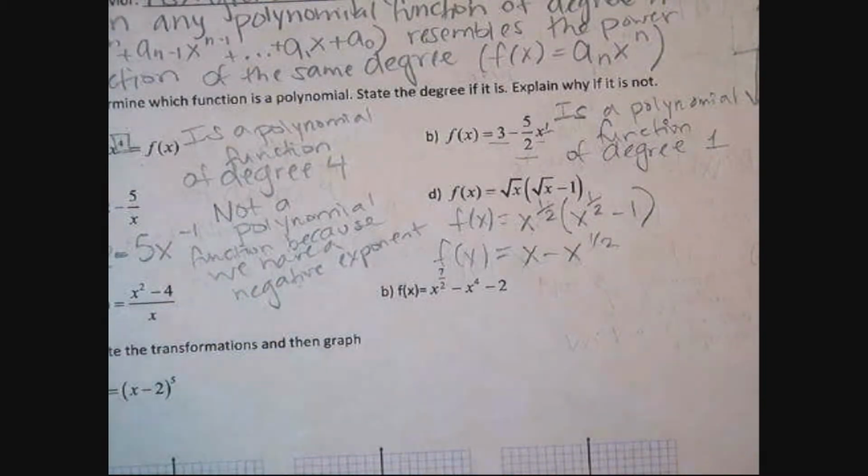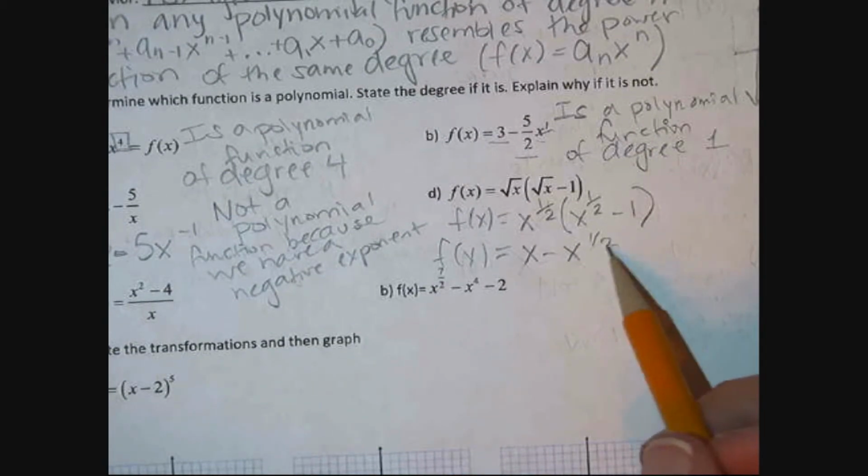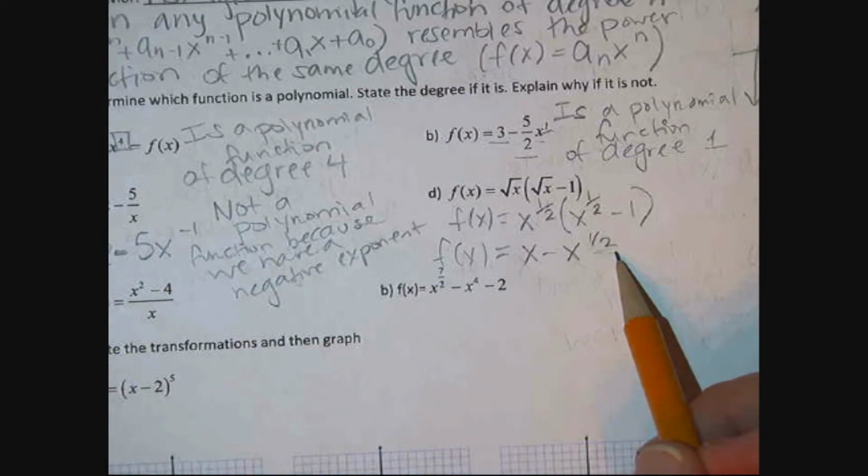Now we can ask ourselves if this is a polynomial function. Let's go through our criteria. First, do we have any negative exponents? We look at our exponents, 1 and 1/2. No, neither of those are negative. Then we go to our next criteria. Do we have any non-integer exponents? 1 is an integer. However, 1/2 is not an integer.